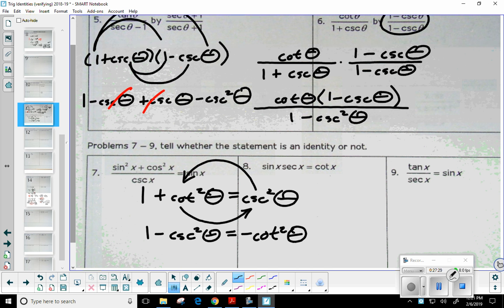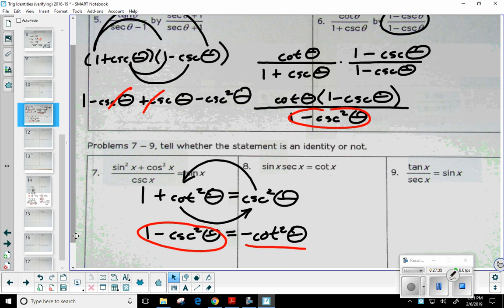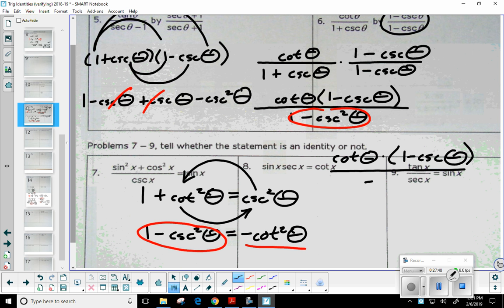Would you guys agree? Okay. So I'm going to replace this with what we got from the identity. So we have cotangent theta times 1 minus cosecant of theta over negative cotangent squared of theta.